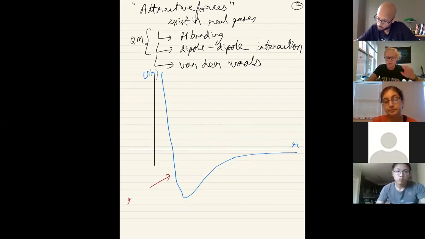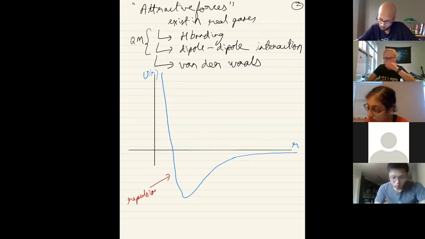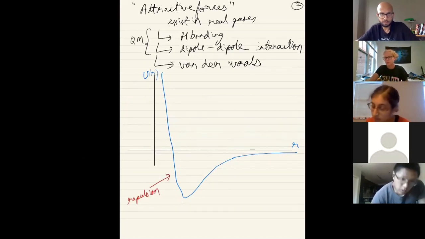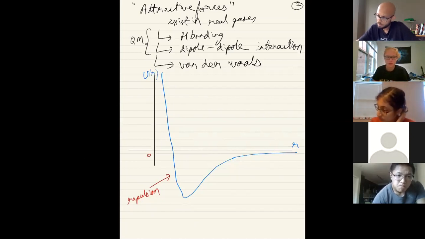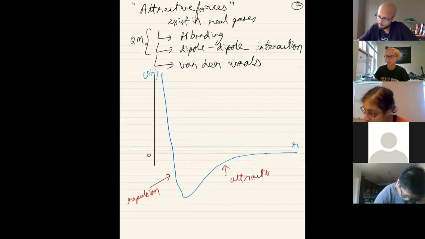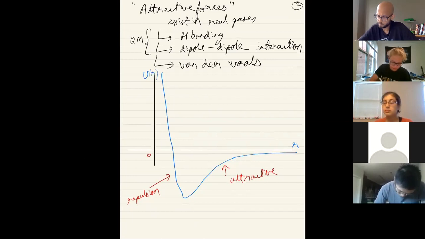This is the repulsion part: if you bring them too much closer, the molecules, or atoms, will start to repel each other. But this over here is the attractive part. If they're too far apart, they would like to rather get close, and they would get to a certain proximity, and then they will be like, okay, no more.